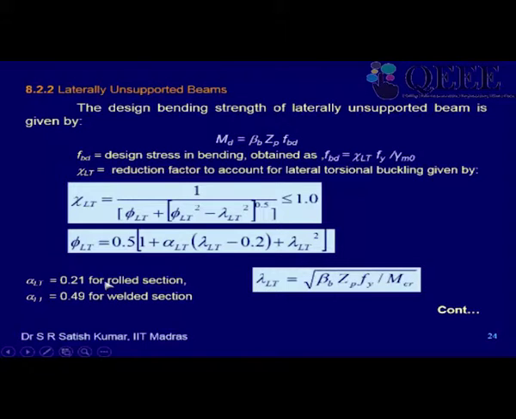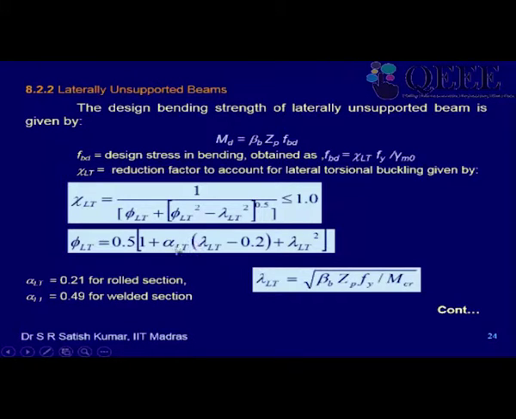And if you remember column strength curves, there are 4 column strength curves A, B, C, D. So similarly for beams, there are now 2 beam strength curves depending on the imperfection and the residual stresses. So both are clubbed into the single factor alpha LT. So for rolled sections, the value is 0.21, and for welded sections, the value is 0.49. Okay.